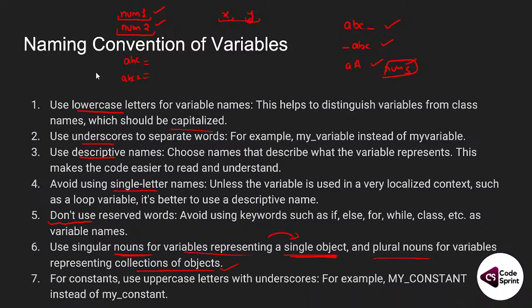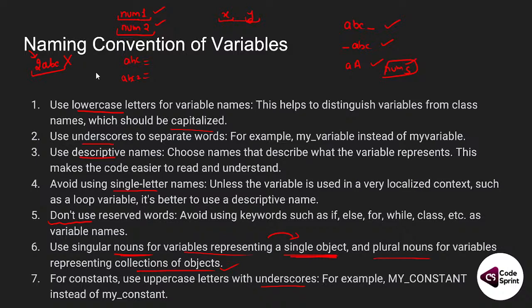One more thing: you can use an underscore, but you can't begin with a number. One thing was missing, numbers. If you write a name starting with a number, it is going to be invalid because we can't use numbers at the starting position. You can use them in between or afterwards.